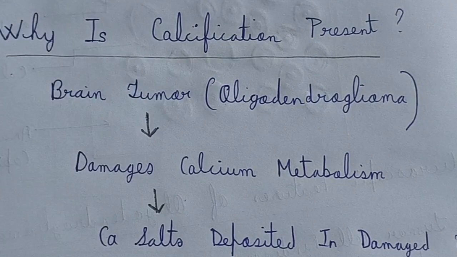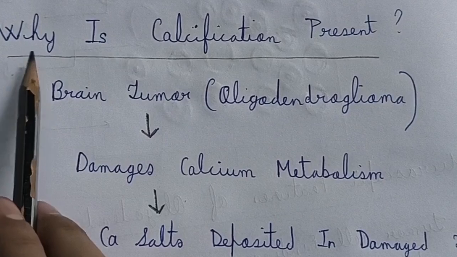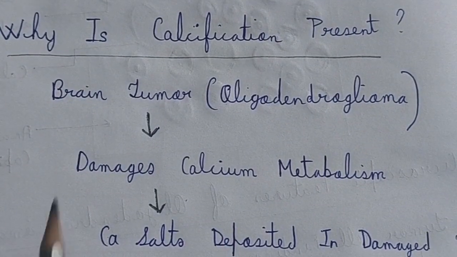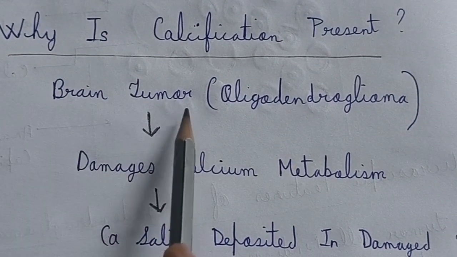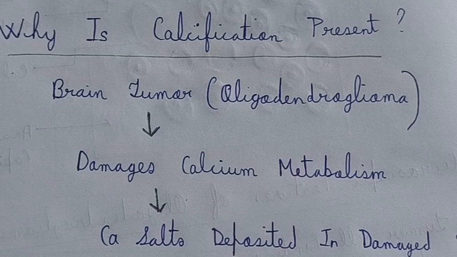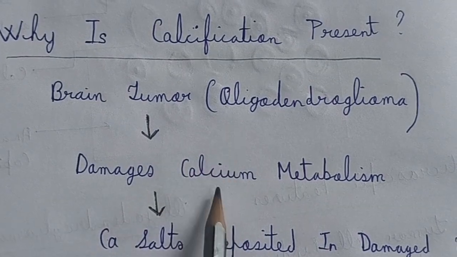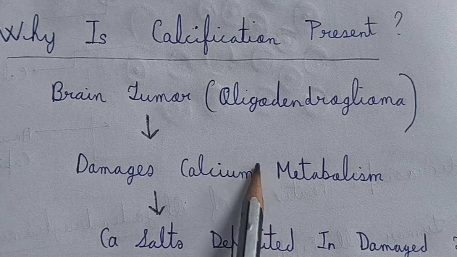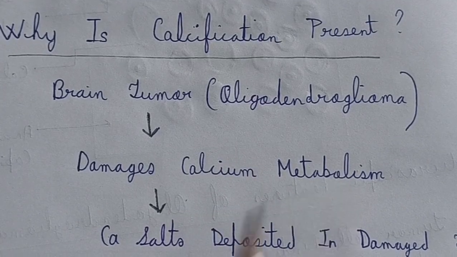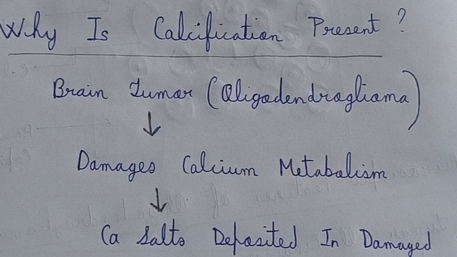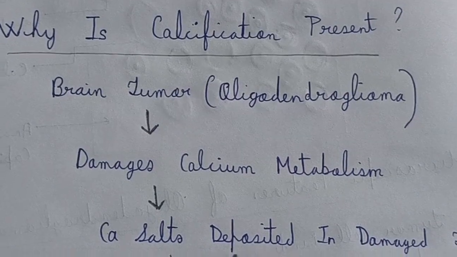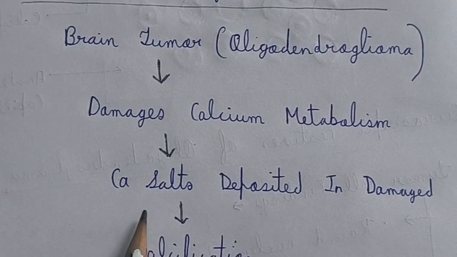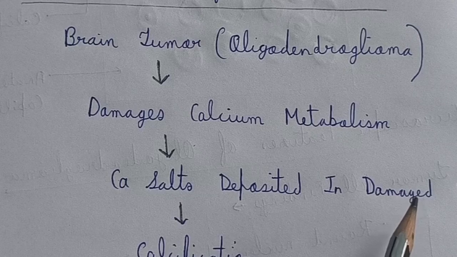So see, this is what I have written: why is calcification present. As you have already understood, oligodendroglioma is a brain tumor, and it damages calcium metabolism. Since the calcium metabolism is affected, the calcium levels go on increasing, and this excess of calcium salts or calcium ions is deposited in damaged tissues.